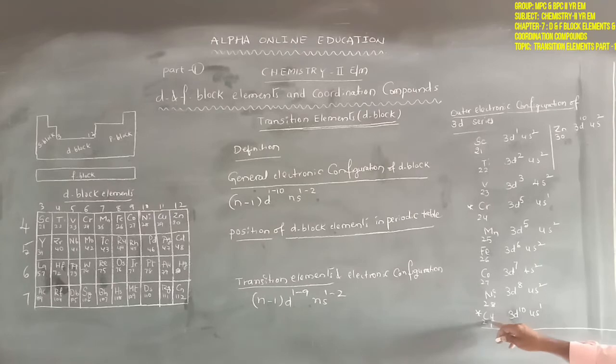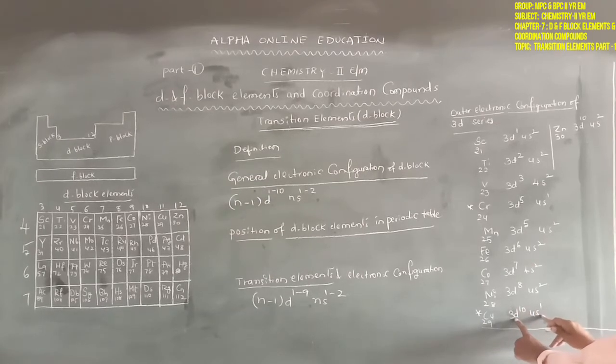Then copper is 29, with 3d10 4s1. In general, for 29 it should have been 3d9 4s2, but instead of that it has 3d10.